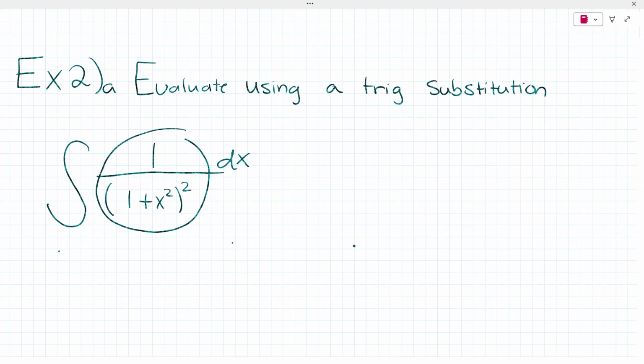Let's see, this part right here is like saying 1 squared plus 1x squared. So you're going to use the tan. So it's this bottom right here.